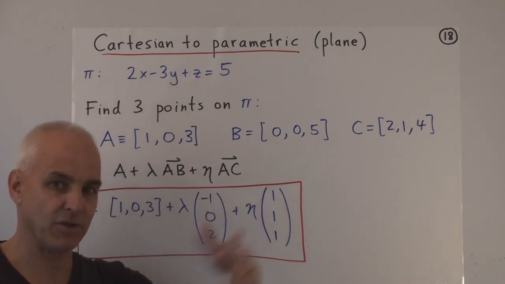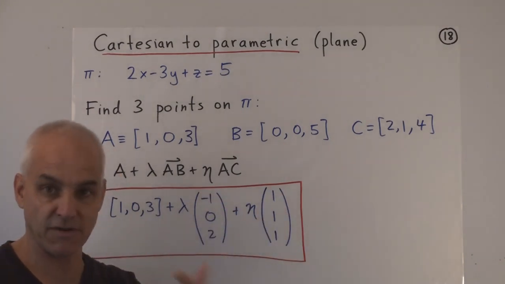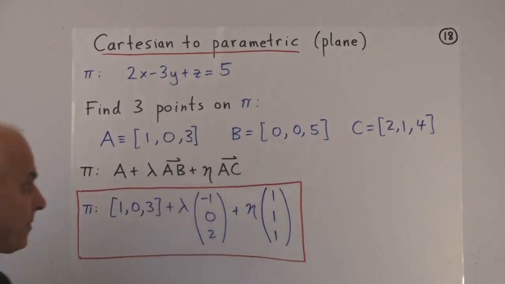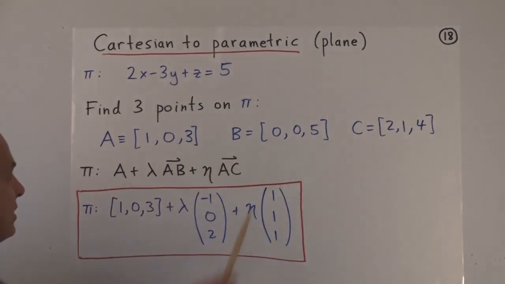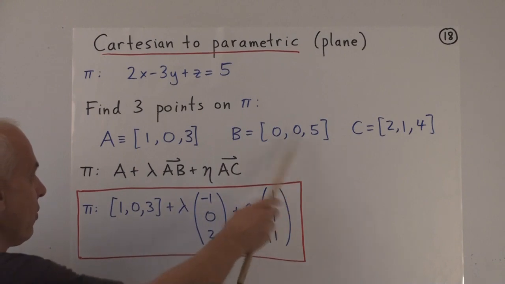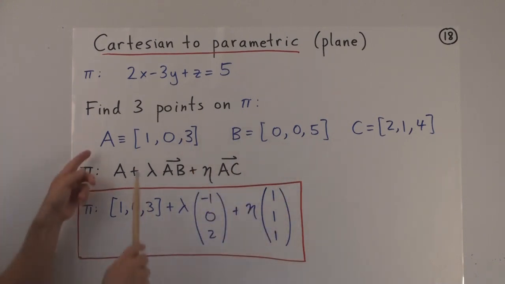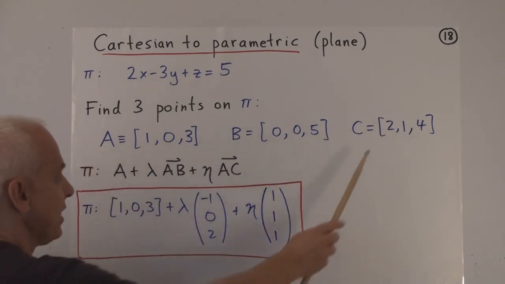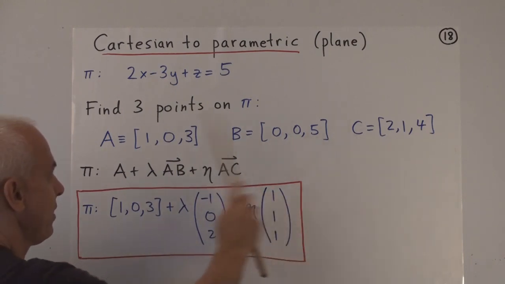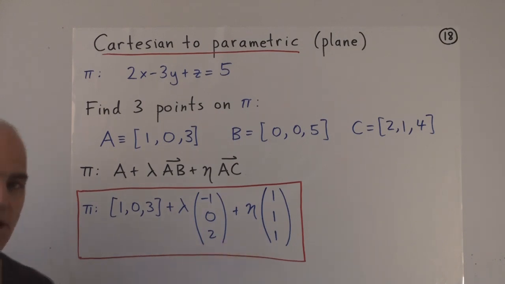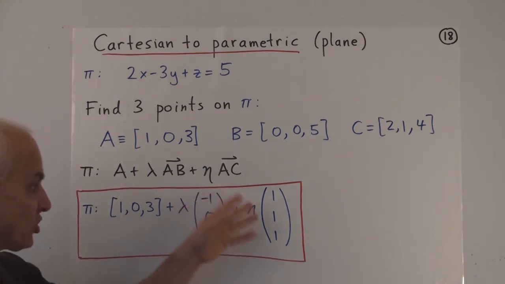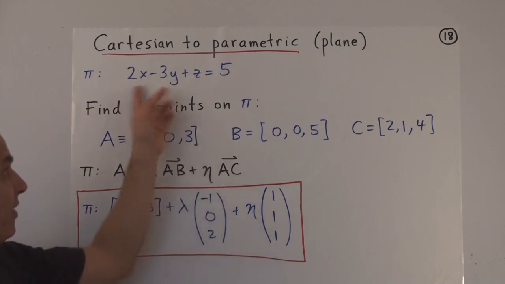It doesn't matter which vectors you use as long as you have 2 vectors in different directions lying in the plane. The vector AB, this minus this, is minus 1, 0, 2. And the vector AC is this minus this, that's 1, 1, 1. So there's an example of a parametric equation, which is of course much less canonical than this one.